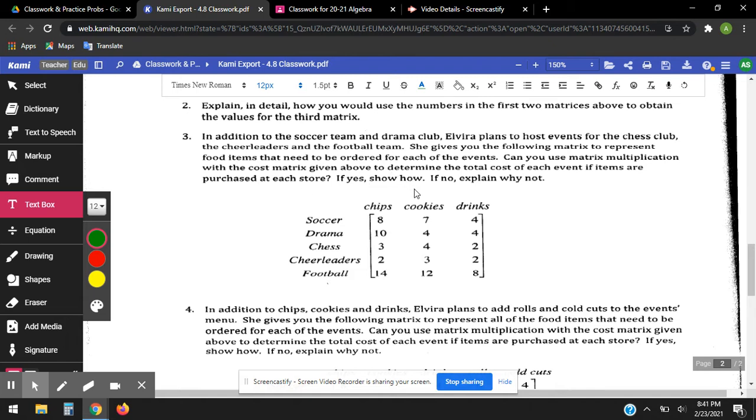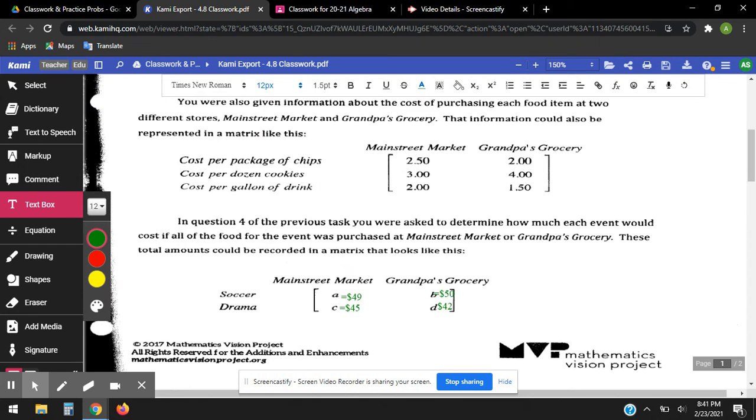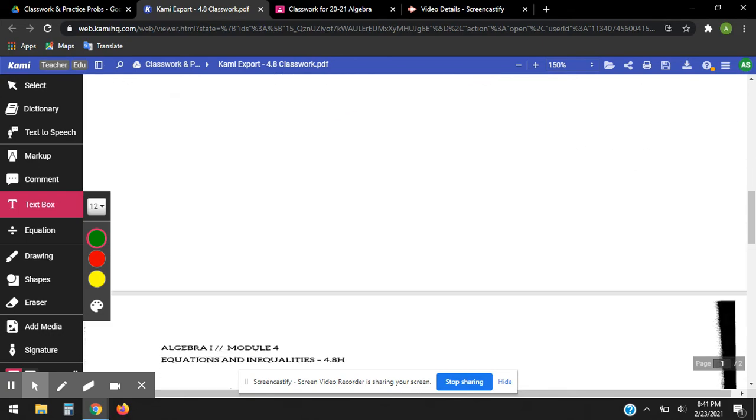Yes. Let's show how. So again, I'm going to really need a copy and paste on here. So it's 2.50, $3 and $2. Let's just make this off to the side here.